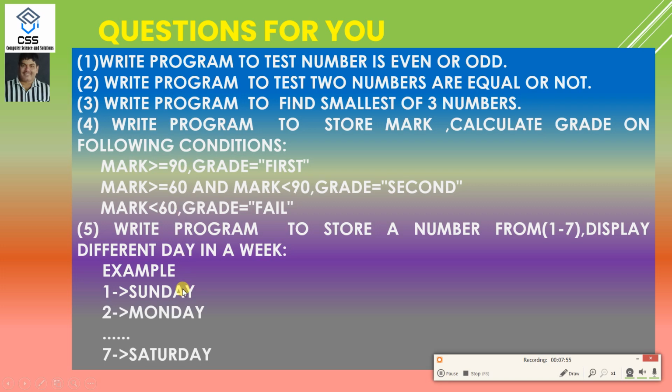You try to solve these problems. If you cannot solve them, we will solve all of them in some of the sessions, and you will get the answers. But first, for your creativity, try to solve these problems.